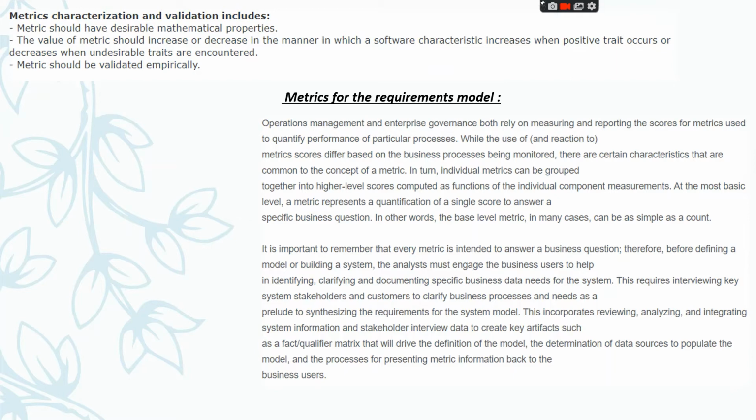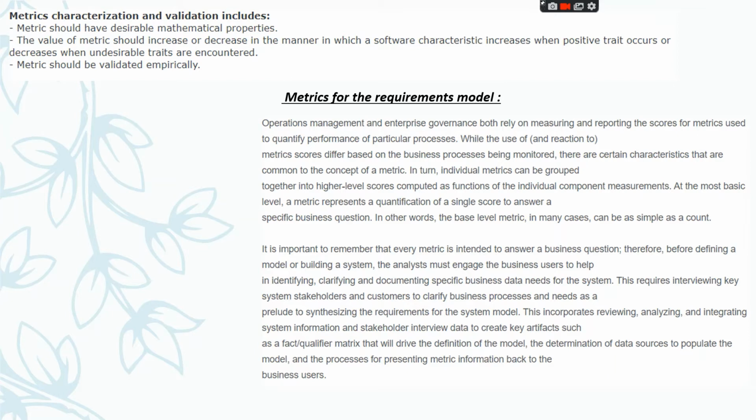So the metrics for the requirement models rely on measuring and reporting the scores of metrics used to quantify performance of a particular process. So while using it, the scores differ based on the business processes being monitored, and therefore there are certain characteristics that are common to the concept of metric.